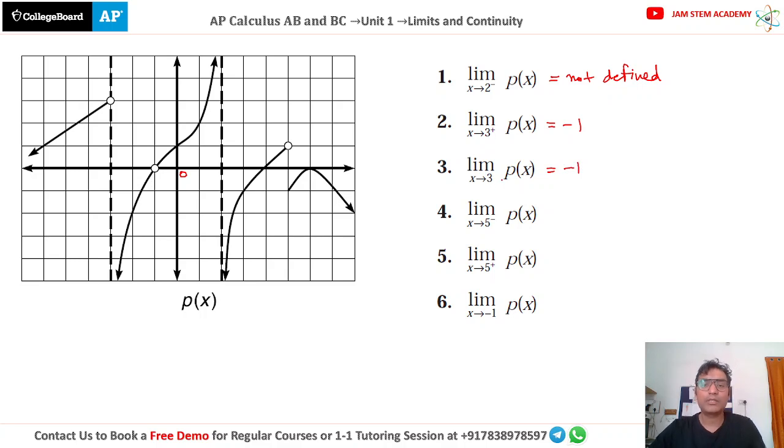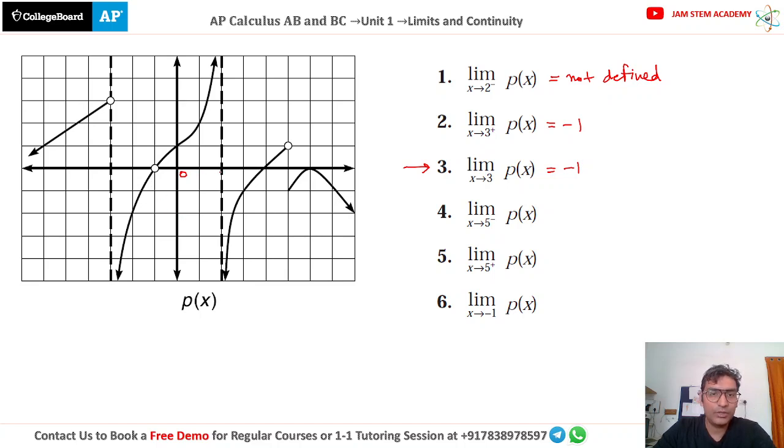Why? Because when x approaches 3, in the left neighborhood as well as in the right neighborhood, values are approaching negative 1. I'm not looking at 3 only. I'm taking the value when they are not giving any plus or minus. It means you have to check both left as well as right. Okay. 5 negative, sorry. So look at the number which is slightly less than 5 only.